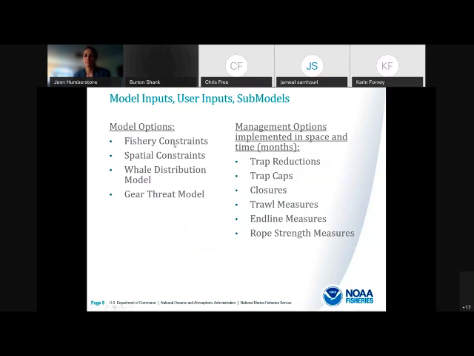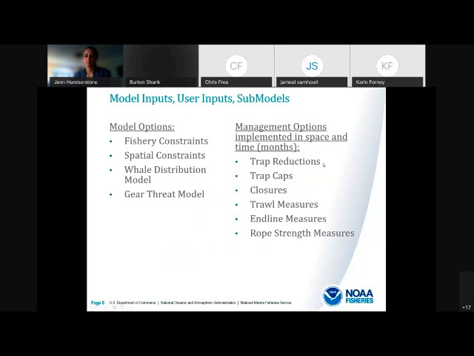For setting up a model for a run, you can specify fishery constraints. So you can pick a fleet that you want to do the model run for, spatially constrain it to a geographic area. You pick your whale distribution model, you pick your gear threat model, and there's a number of other switches that you get to throw at the time that you set this up. And then you pick your management options that you want to put into place, and these are implemented in space and time.